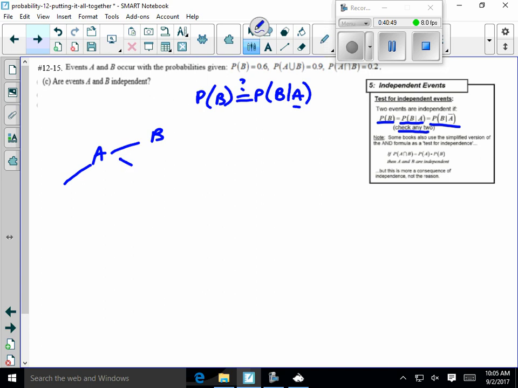And so if I had a whole tree here, this would be the probability of A, this would be the probability of B given A, and this would be the probability of A and B. So this is how I recreate the formula from memory.